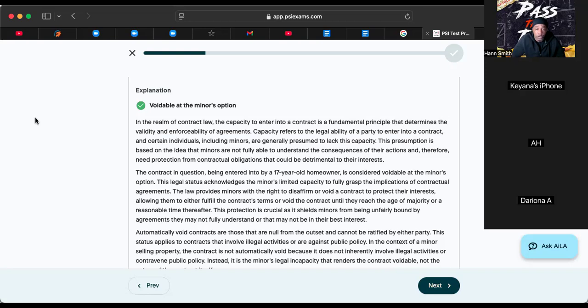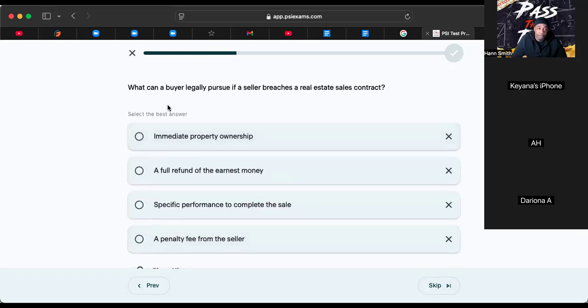This protection is crucial as it shields minors from being unfairly bound by agreements that they may not fully understand or that may not be in their best interest. All right, that's cool. Let's remember that. We get them wrong here, definitely.